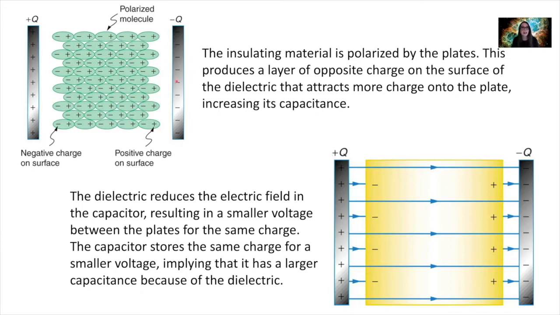The negative plate is going to attract all the positive ends of the molecules inside the dielectric. This produces a layer of opposite charge on the surface of the dielectric, opposite charge to the charge on the plates. And this also attracts more charge onto the plate because you have this greater amount of charge separation. And then that increases the capacitance because you're able to attract more charge onto the plate.